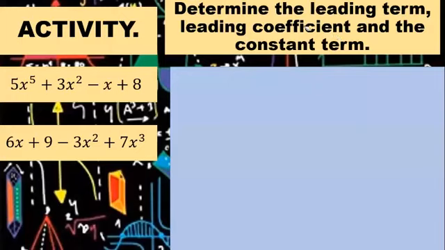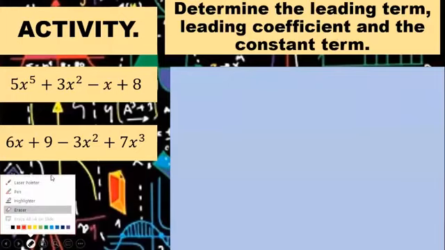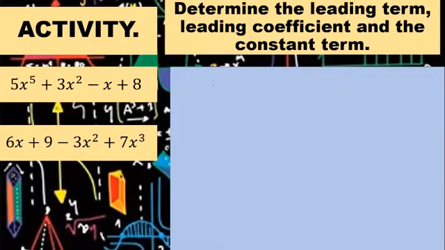Next, we have 6x plus 9 minus 3x squared plus 7x cubed. Determine the leading term, the leading coefficient, and the constant term. Okay, what can you say about the expression? So, it is not in the descending order.